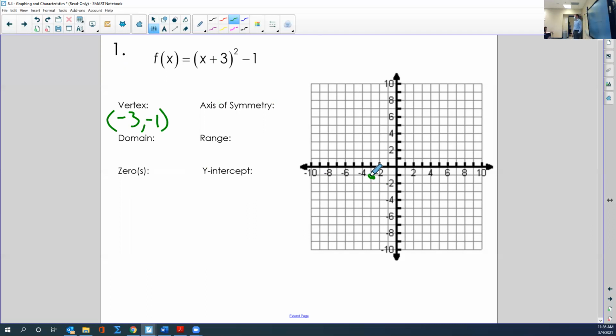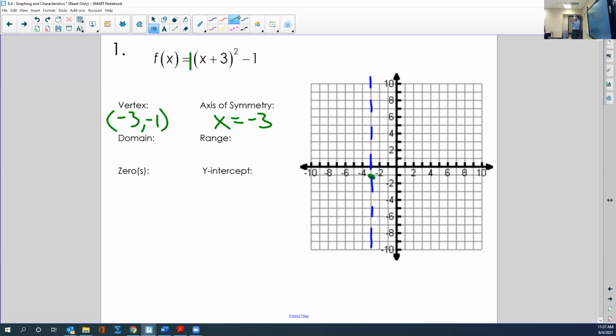Next thing we need to be able to take away is our a value. What is our a value in this case? 1. So if there's nothing there, it's understood 1. So that means it's going to open up. We can also get our axis of symmetry to be x equals -3. When a is 1, all that means is we are just moving our parent graph.